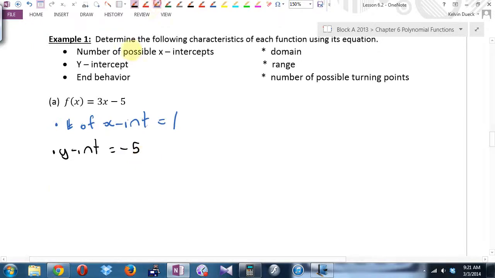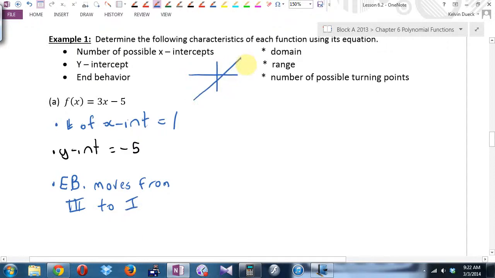What about the end behavior? What does this one look like? Moves from quadrant 3 to quadrant 1. Right? I mean, we're visualizing that it looks kind of like this. What's the domain?